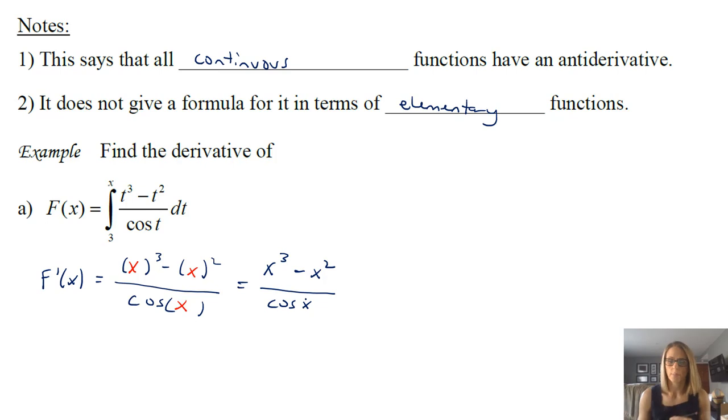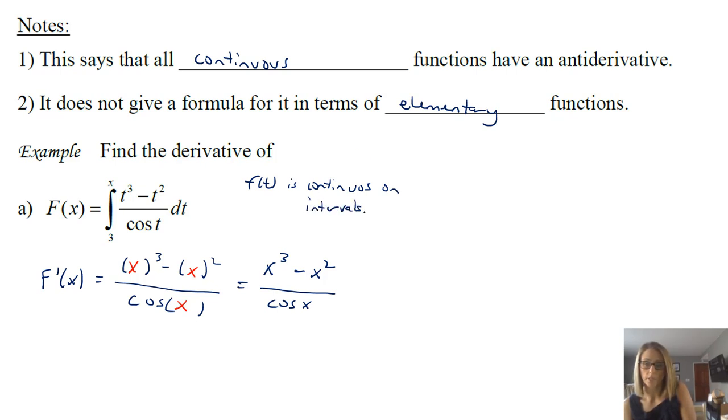And there is an aspect of taking derivatives and constants going to 0 and things like that. So that's part of that as well. But that's all we have to say for that answer. And we just want to remember that our function here, f of t, is continuous on certain intervals. Obviously, there might be issues here or there, but there are intervals for which you would be able to do this.